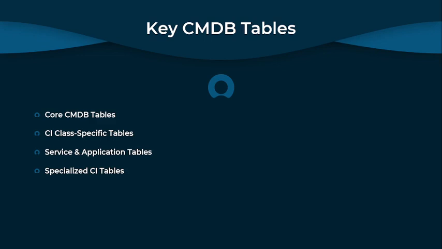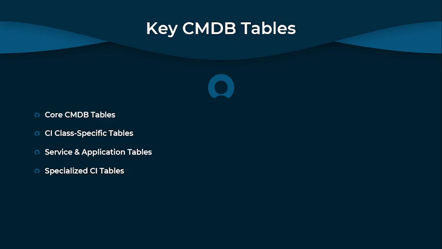It captures detailed attributes like operating system, CPU, memory, disk space, IP address and MAC address. Then cmdb_ci_network focuses on network devices such as routers, switches and firewalls, storing information like IP address, MAC address, network role and firmware version.